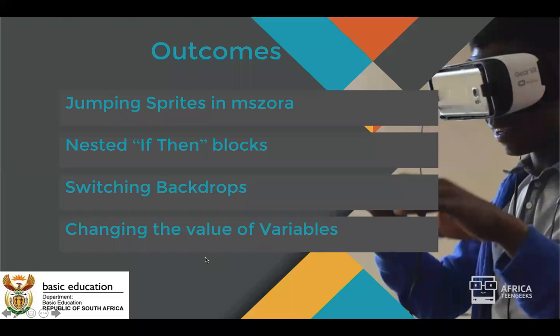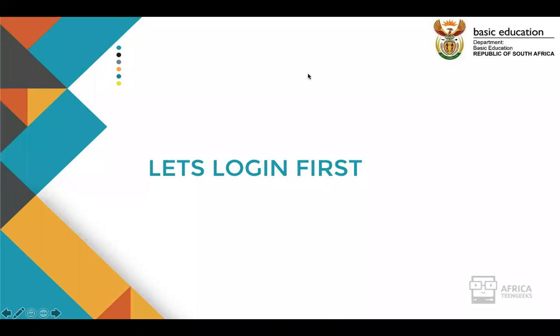And we are first going to log in. If I can choose my second screen, just give me a minute to close this one. And then I shall open my internet browser.